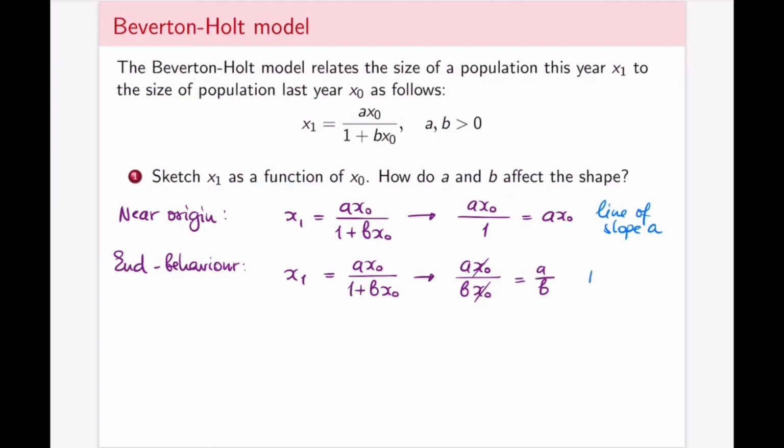So my horizontal asymptote here is not the coefficient on top, but rather the ratio of the coefficients, a over b. So when I'm sketching my function, I just have to be careful as to how I label the slope near the origin and the eventual horizontal asymptote. My horizontal asymptote has to be a over b, and near the origin, my function is a line of slope a.